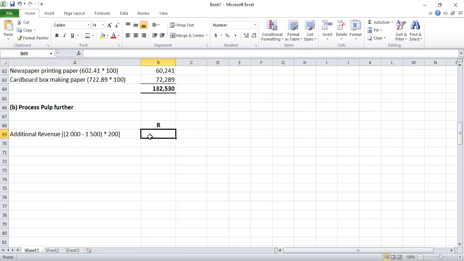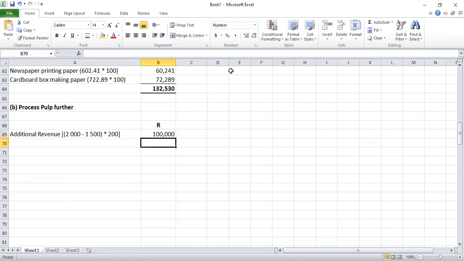The 1,500 is the old selling price, before, if we don't produce further. Then the 200 is the number of tons of pulp that we are going to produce. What do we get? $100,000. So if we produce further, we're going to have an additional 100,000.